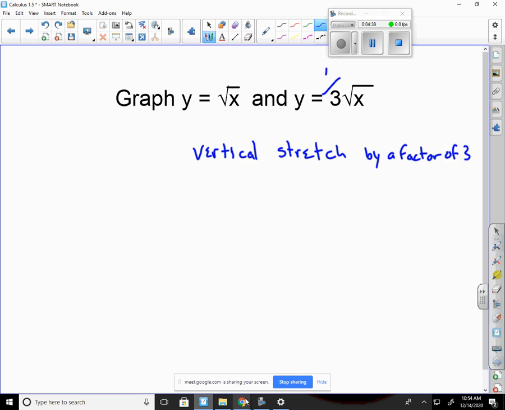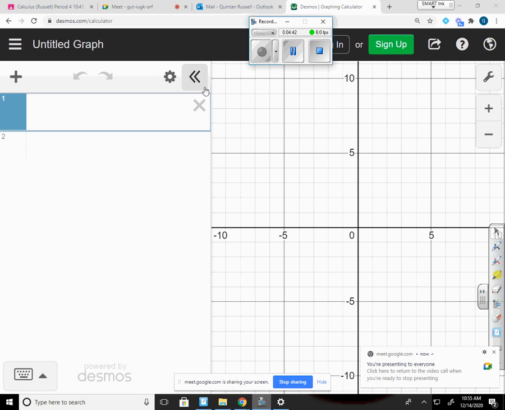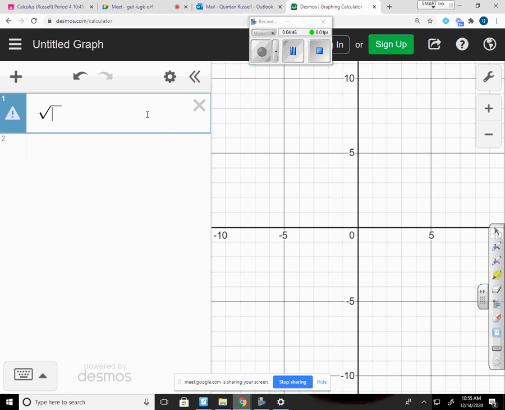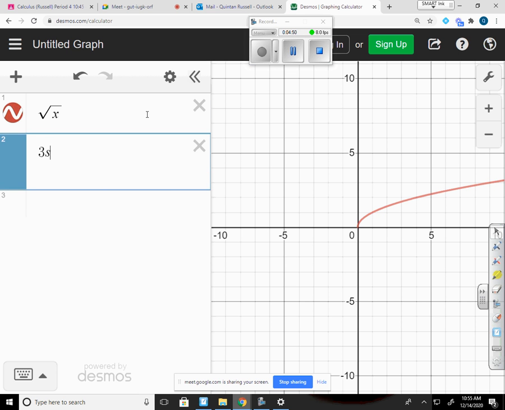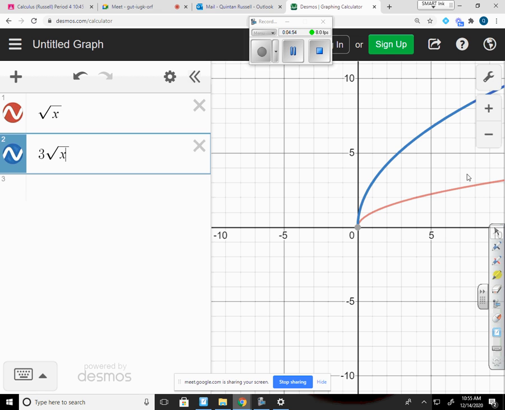Okay, if we just graph these now, if I do the square root of x, see what that looks like, and then 3 square root of x, you can see what that one looks like. If we go to a point here at x equals 1, on the red one, it's 1, 1. If I go to the blue one, it's going to be 1, 3.